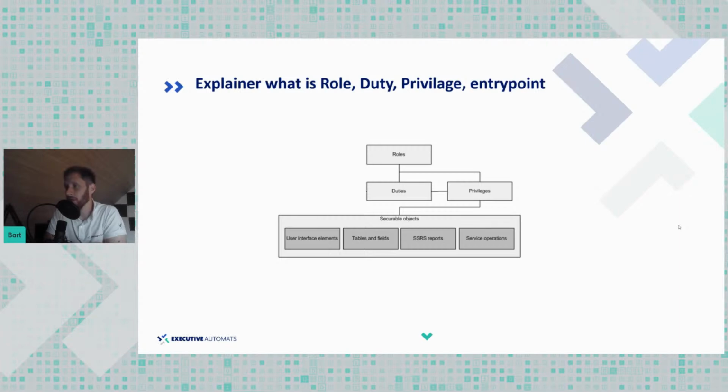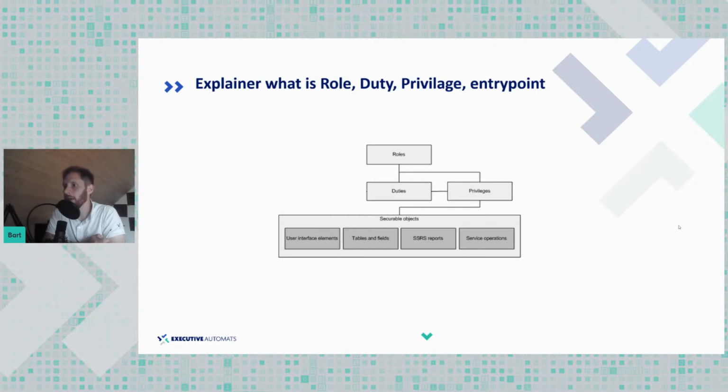From the standard of the system, you have roles, which can be understood as positions. You have duties, more like responsibilities of a person doing a specific thing, and then you have privileges, or lower-level processes that you do within the duty. We can say these are groups. These groups contain user interface elements, table fields, SSRS reports, service operations.